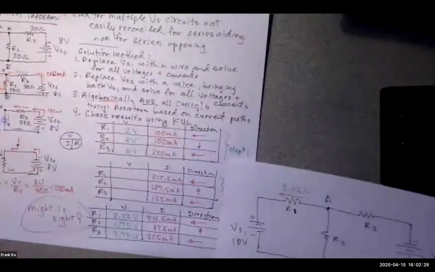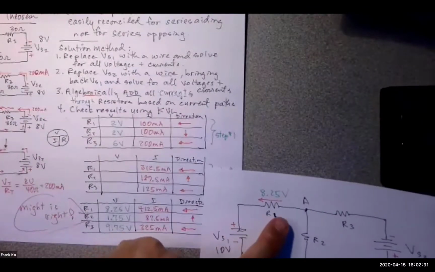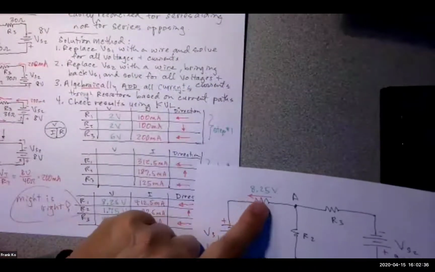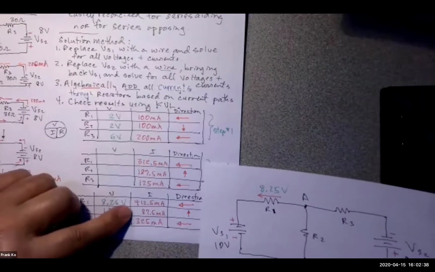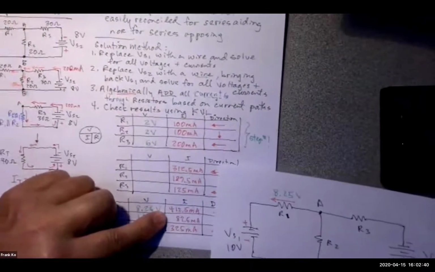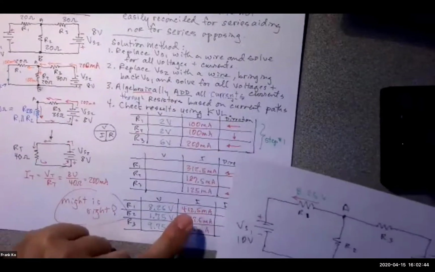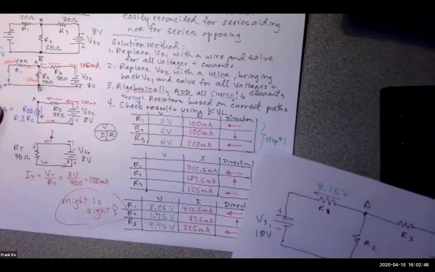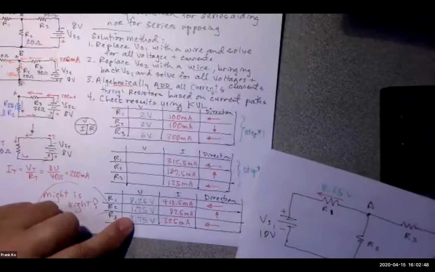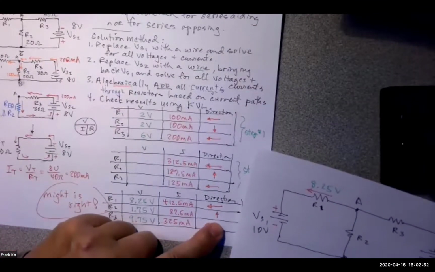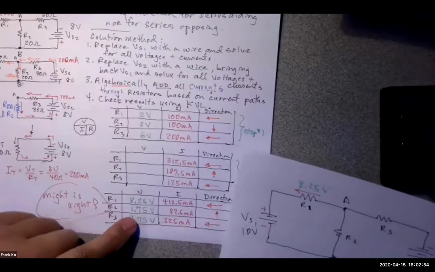Did I transfer that information correctly? And the current was given as 412.5 milliamps. It's okay. We have it here. I don't need to put it up here just yet. How about for R2? For R2, what was my final direction of current? Up. And what was my value of voltage?